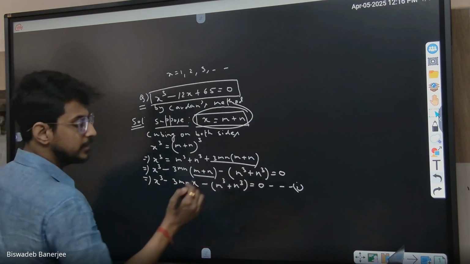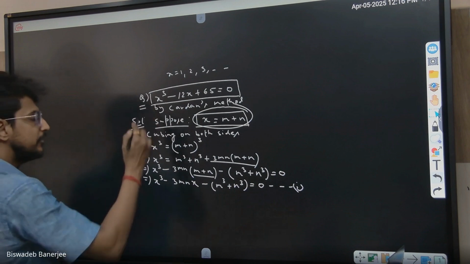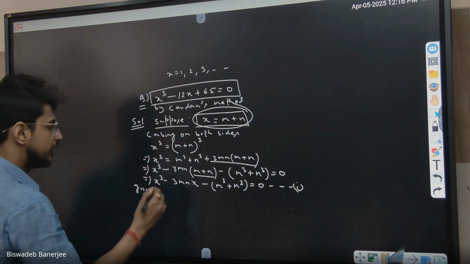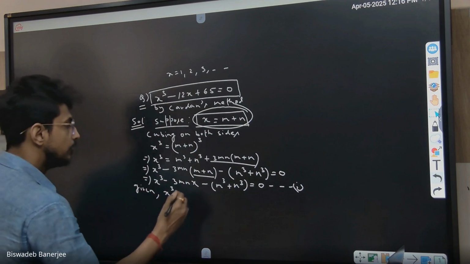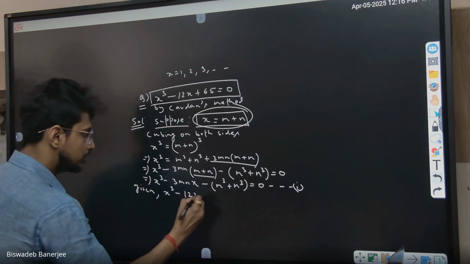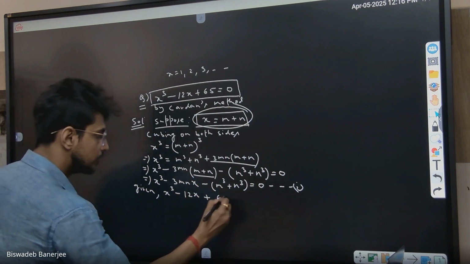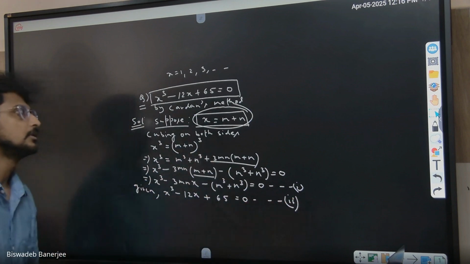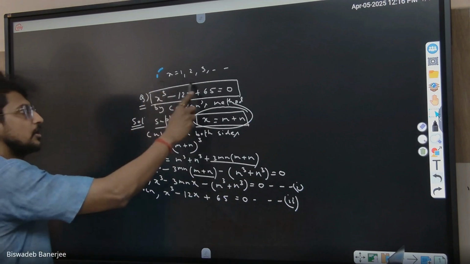Say this is my equation number 1, and the given equation we are given is x cube minus 12x plus 65 is equal to 0. Say this is my equation number 2.